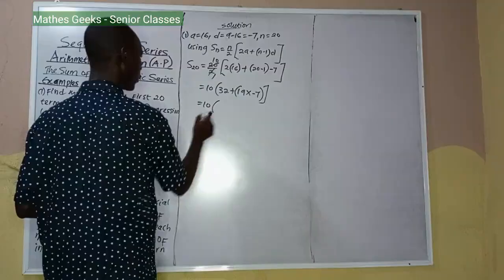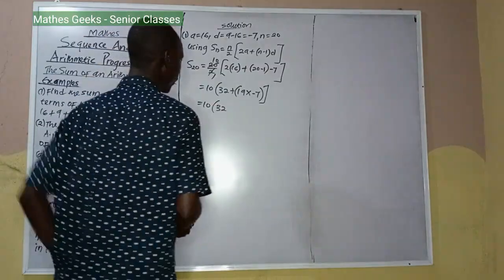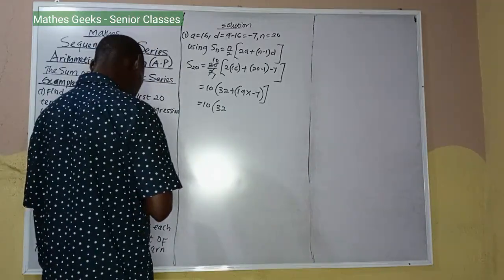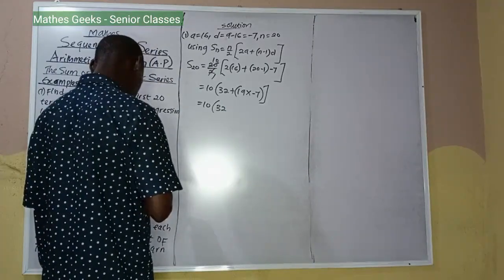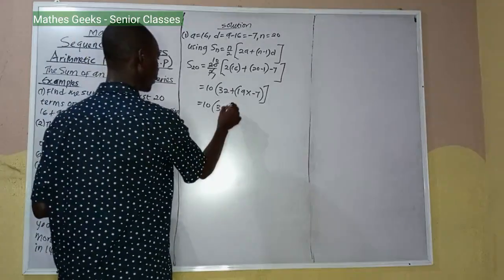10 times 32, plus 19 times minus 7, which is minus 133.